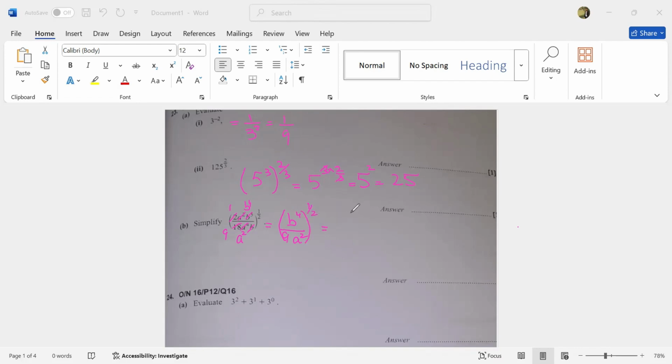So our leftover is b power 4 over 9a square, raised to the power 1 upon 2. Now this 1 upon 2 is the power of everything inside the bracket. So we are separating it out. In place of 9, we can write down 3 square. Here comes our power half. Then we have a square multiplied by power half.